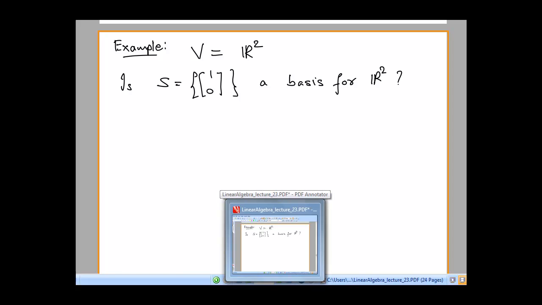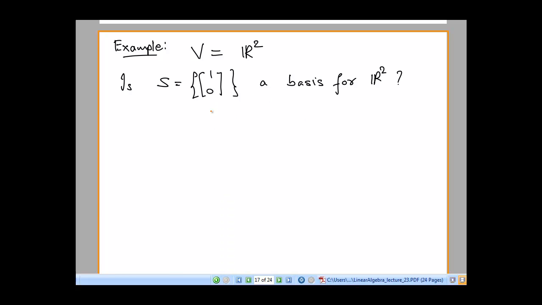We do the same thing with R2. If we take R2, a single vector (1, 0), will this form a basis? Why not? First of all, is this S independent? S is independent.